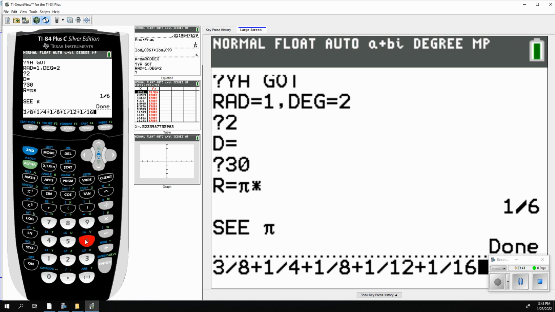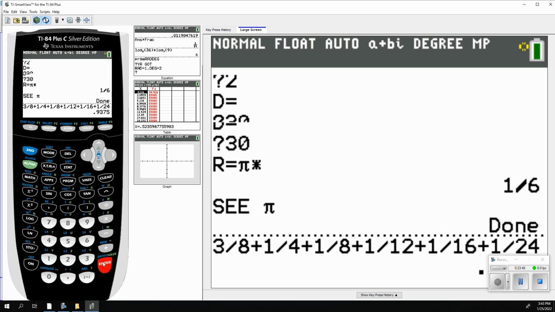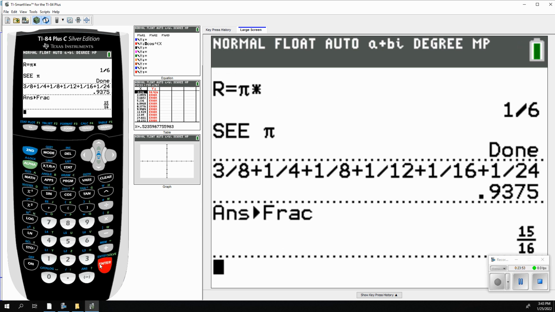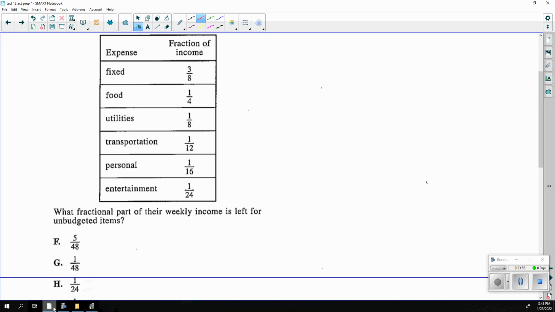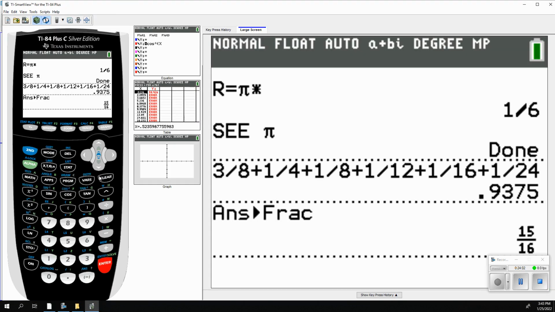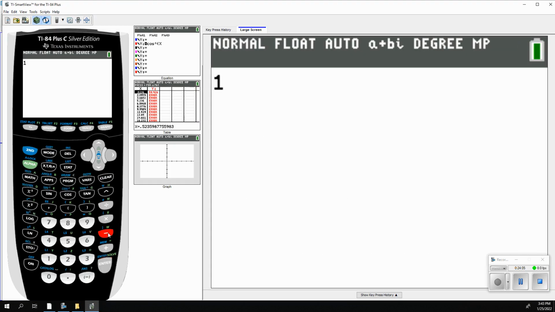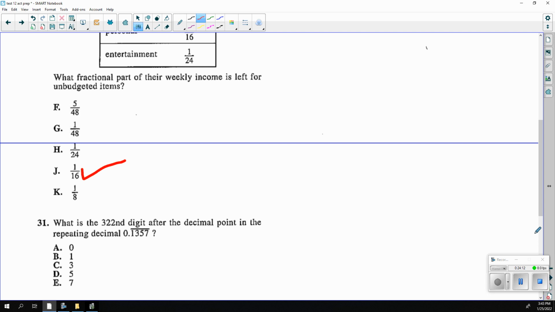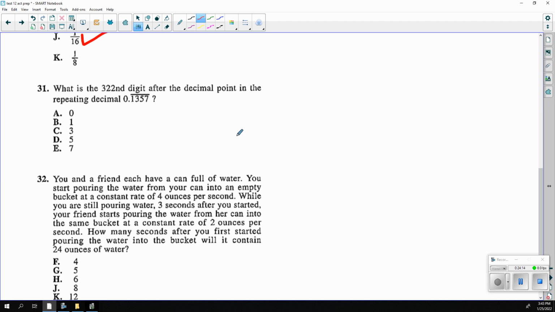You could hit enter if you wanted. Plus 1 over 24. Answer, math frac. So you have budgeted 15/16. So what's unbudgeted? 1/16. Or if you prefer, 1 minus the answer that you got is 1/16.